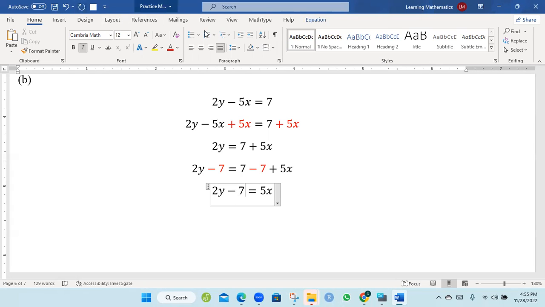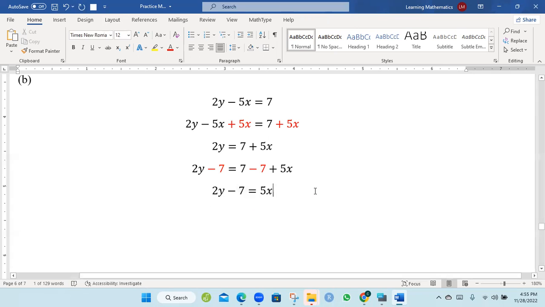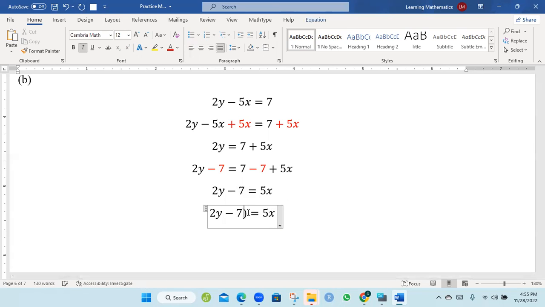And now we're going to divide by 5, both on the left and on the right, to cancel out the 5. Because 5 is multiplying x, we have to do the opposite of multiply, which is division.